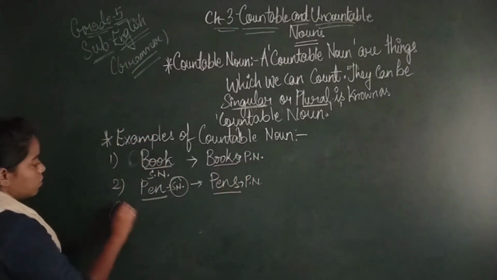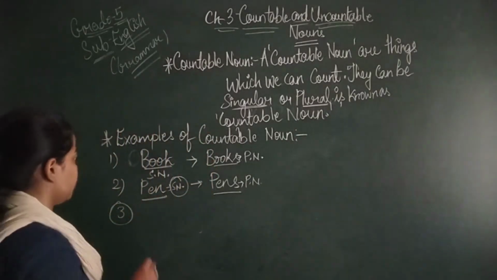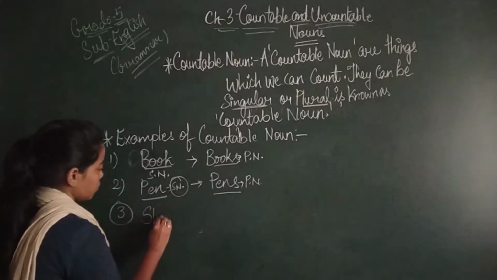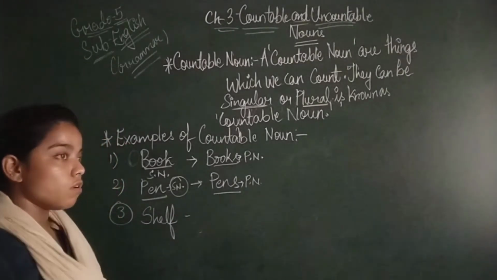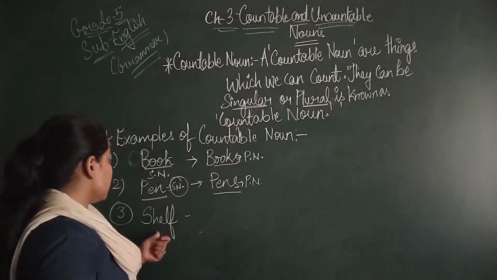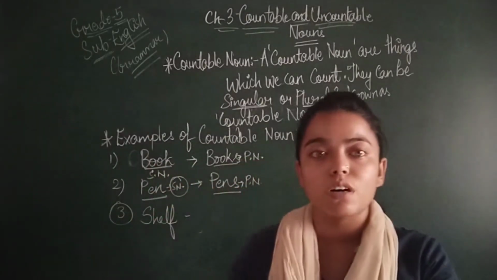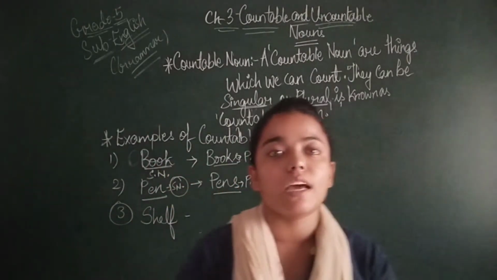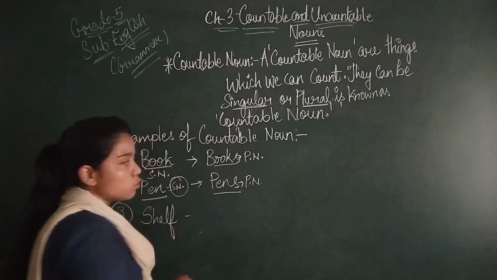Next, third one. If I say one shelf. Students, I have explained to you that if the word ends in F, instead of that we add VES to the noun. Now I want to make it plural.